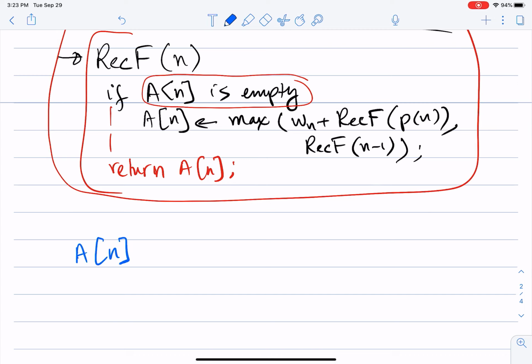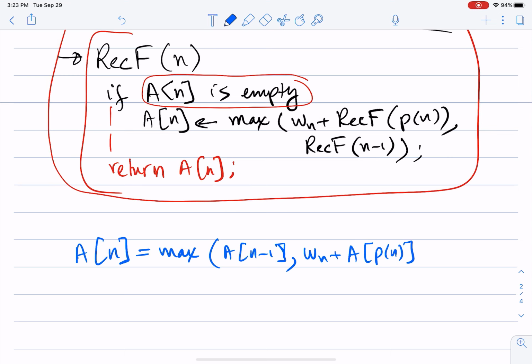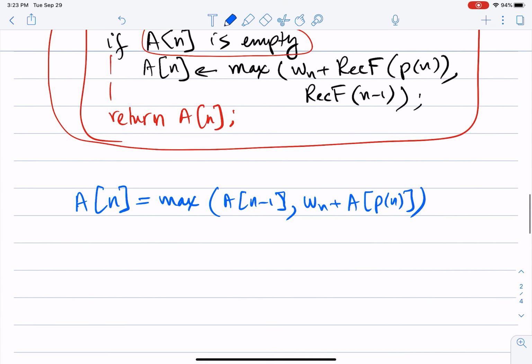When I did A of n, this is the maximum of A of n minus 1 and W of n plus A of P of n, right? This is the formula. So now we have the intervals given to us.